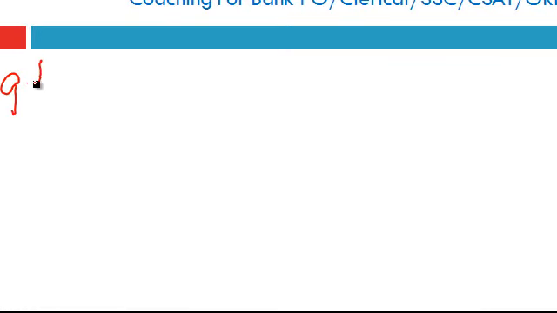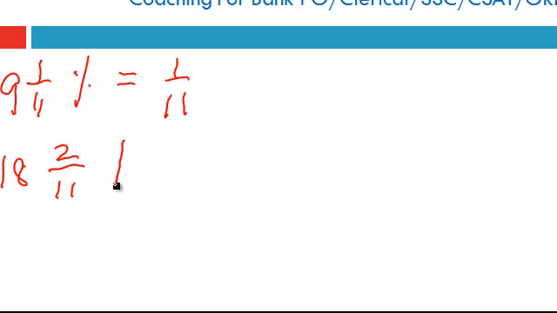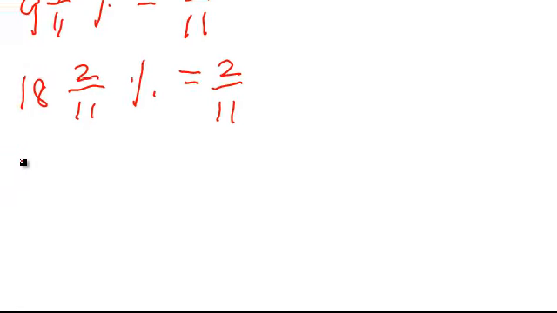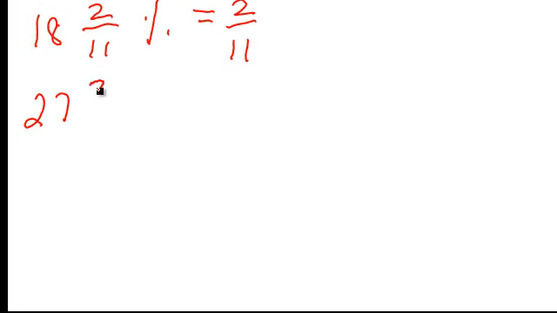Now coming up to the next table, that is 9 1 by 11% is 1 by 11. Multiplying the first value on both sides by 2, it becomes 18 2 by 11%, which is equal to 2 by 11. Multiplying the first value on both sides by 3, it becomes 27 3 by 11%, which is equal to 3 by 11.